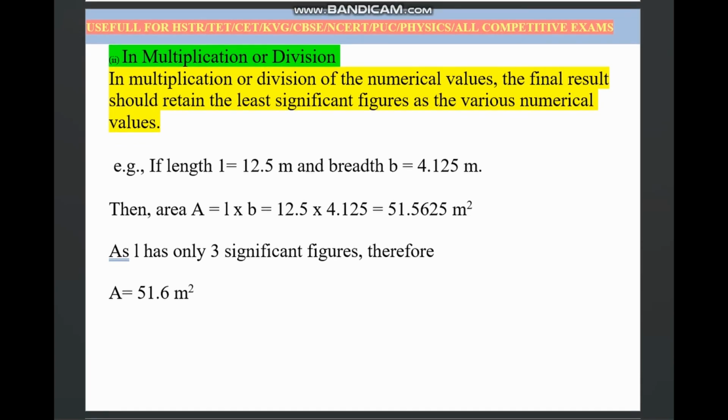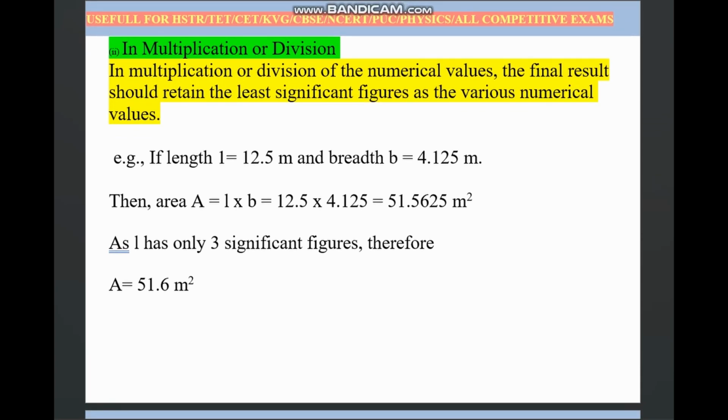Then we will go to multiplication or division. In multiplication or division of numerical values, the final result should retain the least significant figures as in the various numerical values. Again, the same principle applies here also. If length L is 12.5 meter, breadth B is 4.125 meter, then multiplication of these two will give 51.5625 meter squared.